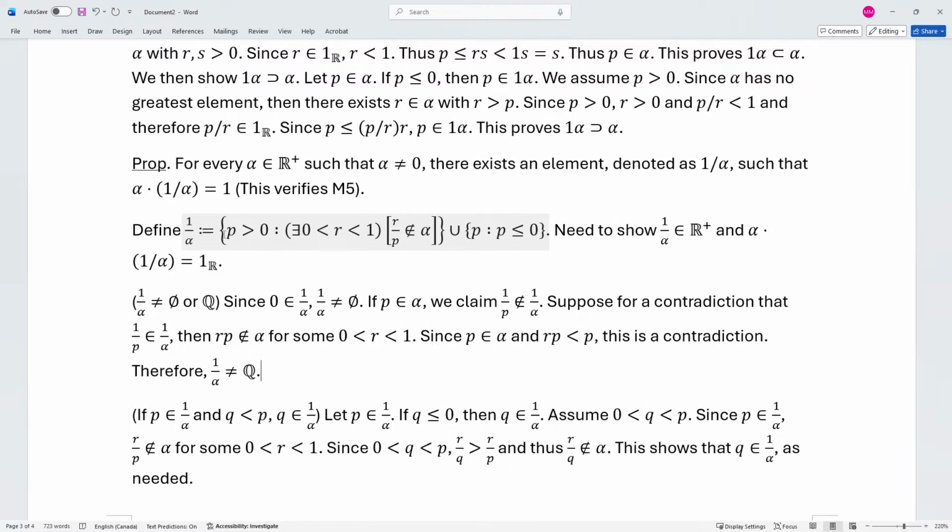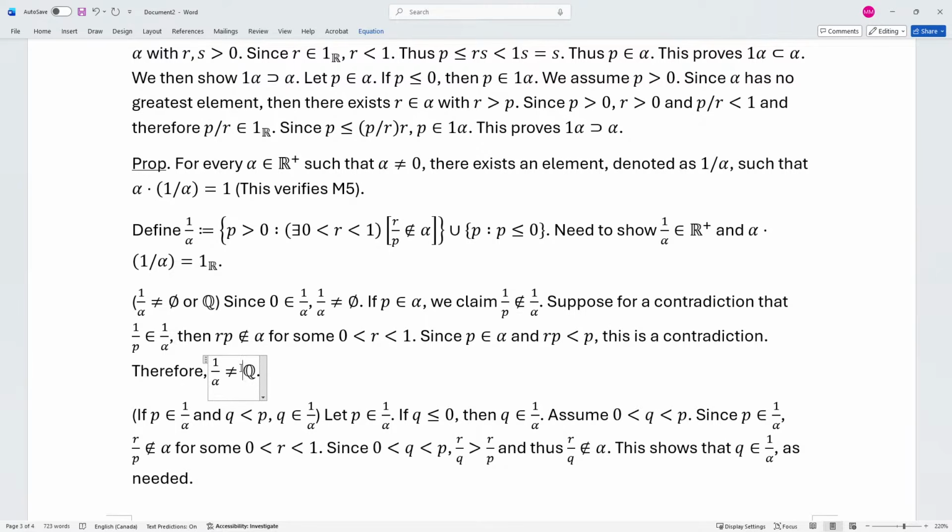Well, if I need to show it has a positive at least. You said alpha is R. I suppose you mean alpha is the whole Q, right? But alpha is not the whole Q. 1 over alpha is not the whole Q. By R, I mean the real number set.